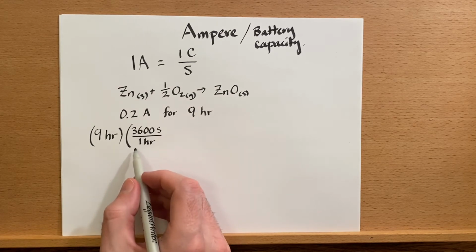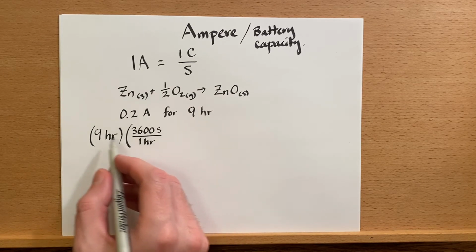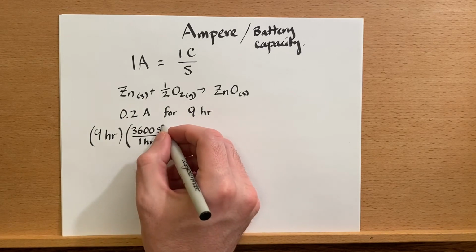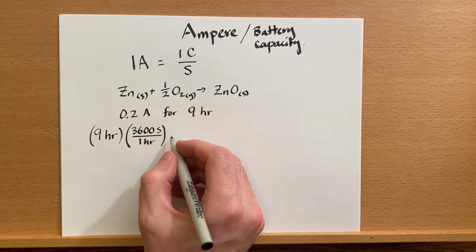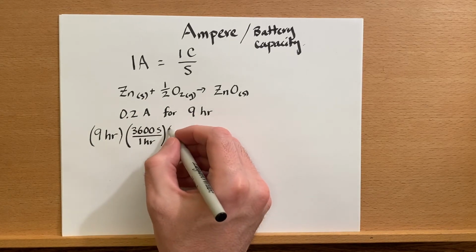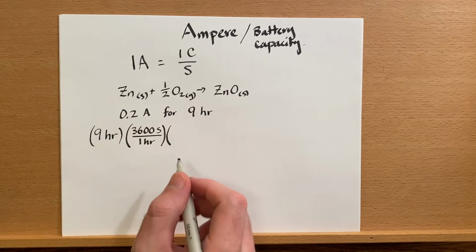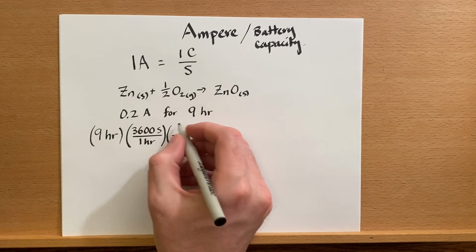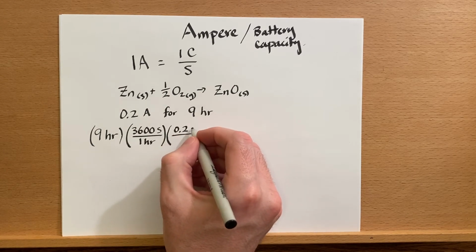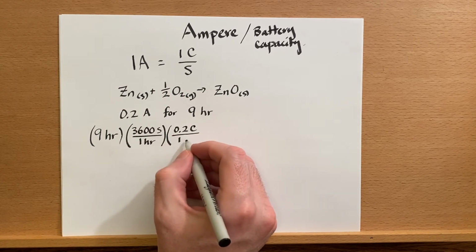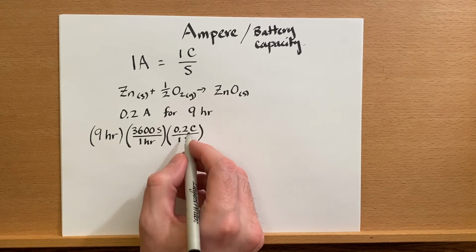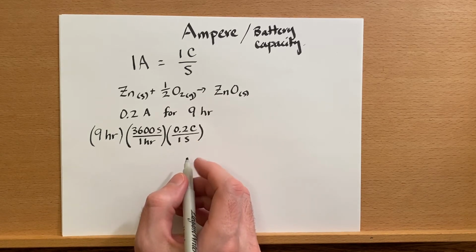If you didn't want to do it this way, you could do 60 minutes and then 60 seconds, and that would be the same thing. And then let's use our amps to convert into coulombs. So I have 0.2 coulombs for every second. So now I'm in coulombs, a unit of charge.